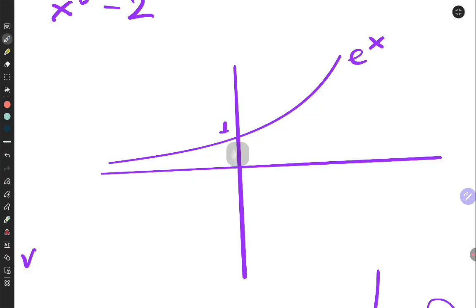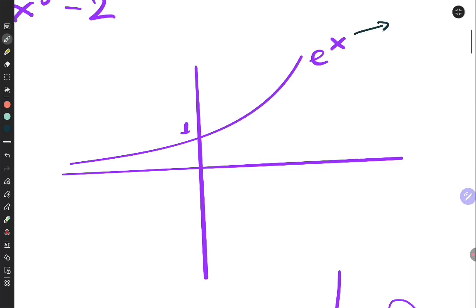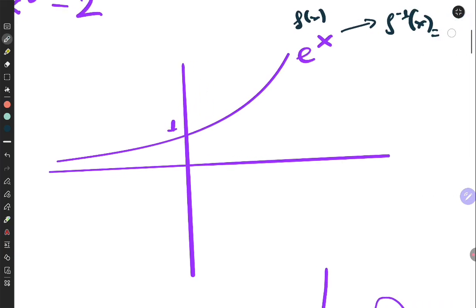And we know that if this one is f of x, then the inverse is natural log. The inverse plot is just a reflection of this one, whatever is on this side reflected over y equals x, this diagonal line.